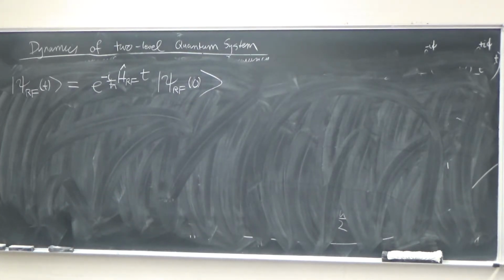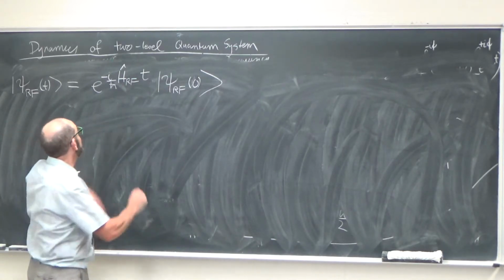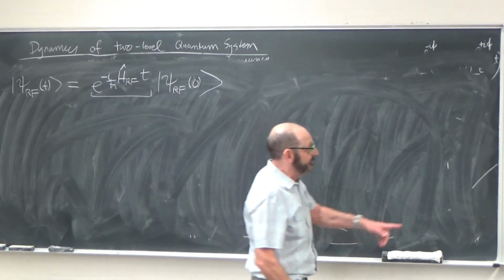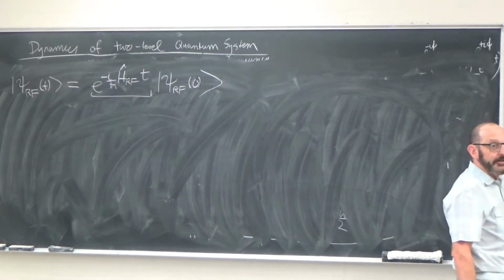Because we could just exponentiate it because it was time independent. And that's our Hamiltonian. Now, I ask you, what is this operator? Well, it's the exponentiation of this operator.